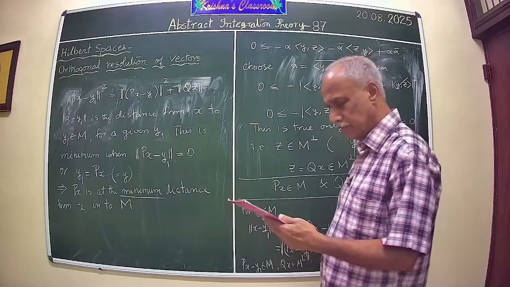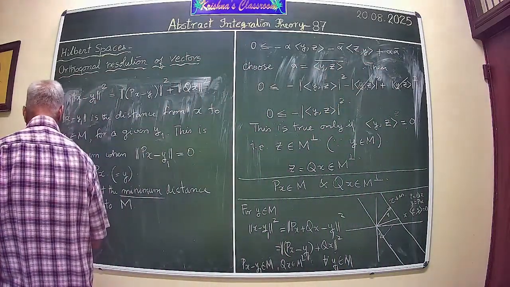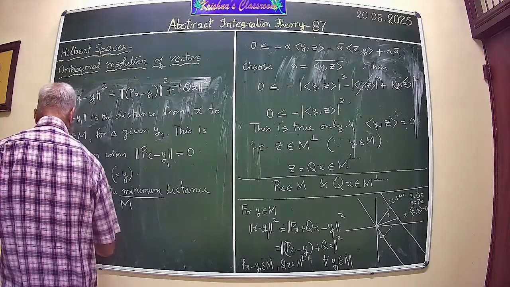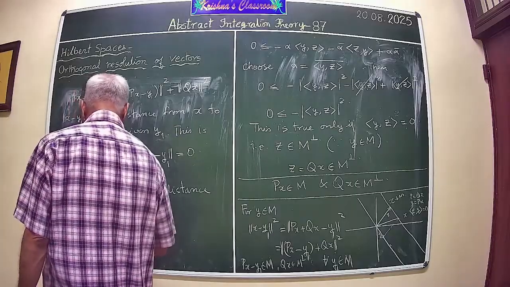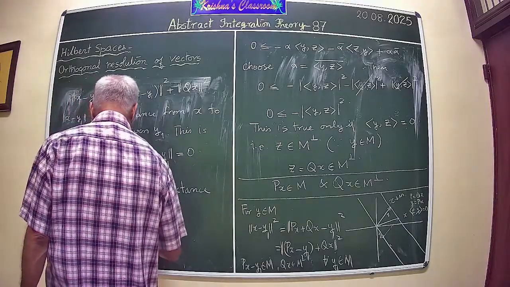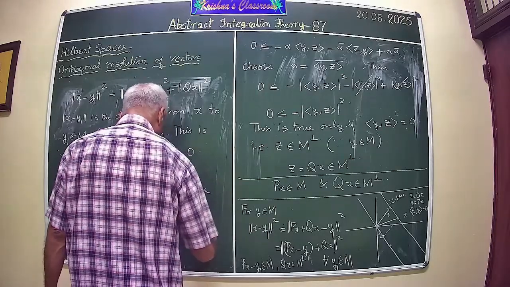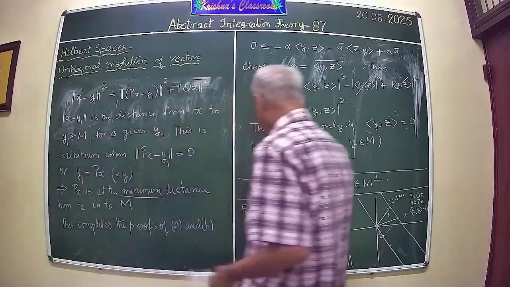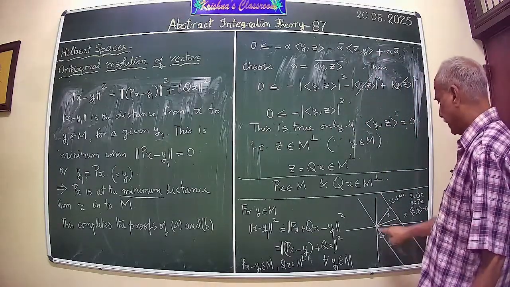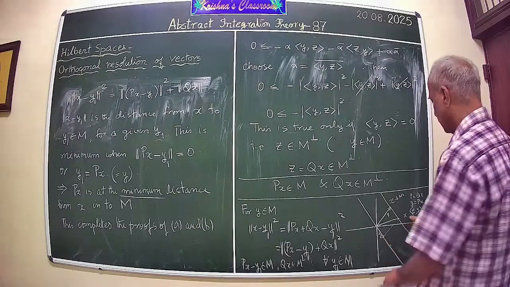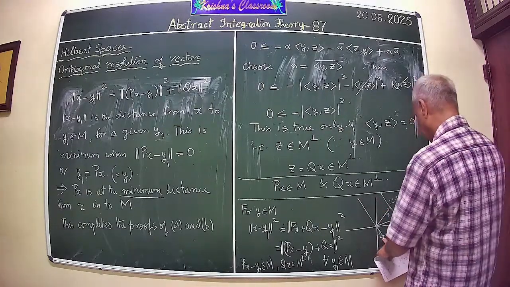So this completes the proof of, so our claim was this, that Px is at a minimum distance from x to M.